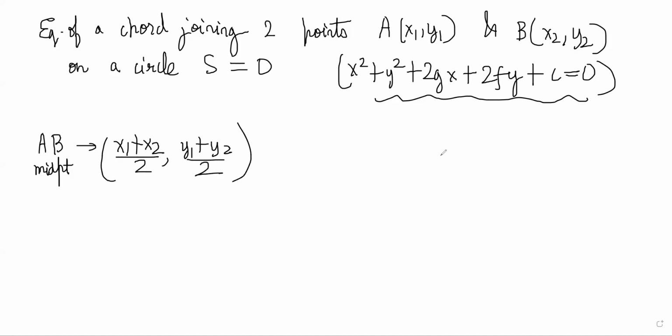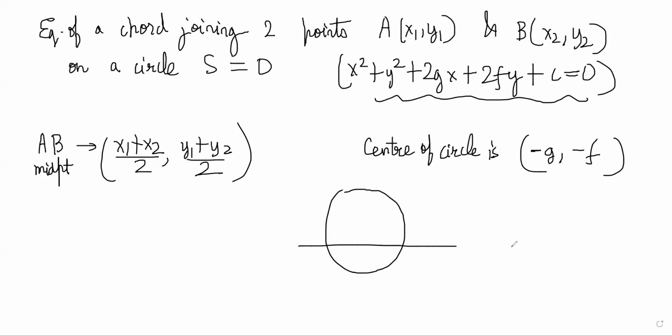And we also know the center of the circle. The center of the circle is (−g, −f), right? So this is my circle, this is my chord, A and B are here. The center is C here. And let's say P(x, y) is any point on the chord, right?